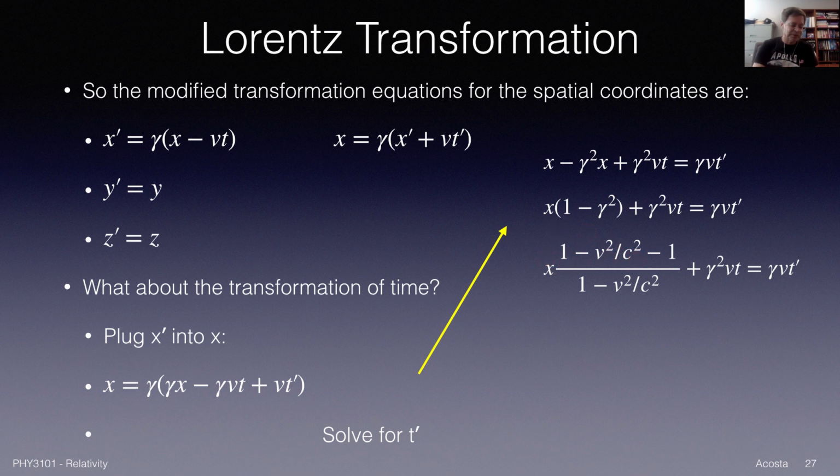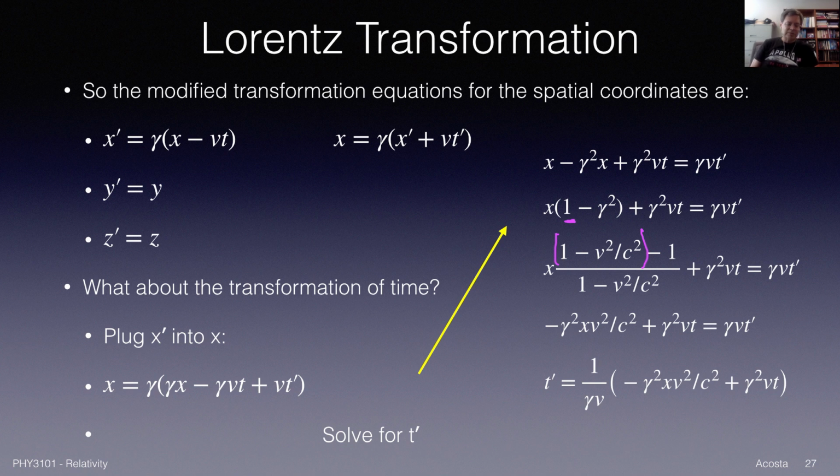Now I can try to simplify things, because the 1 here cancels with the minus 1 there, and I'm just going to have a minus v squared over c squared times x, and then down here was just gamma squared. And then I still have the gamma squared vt to add to it, and that equals gamma vt prime.